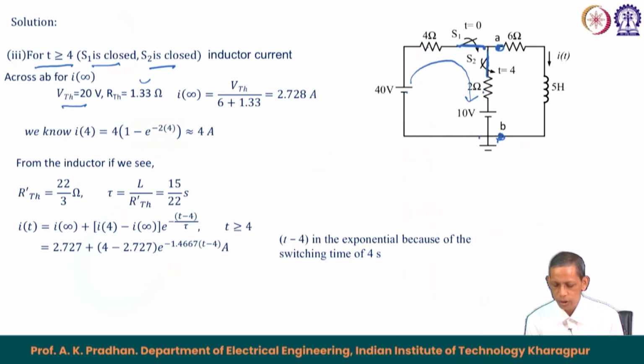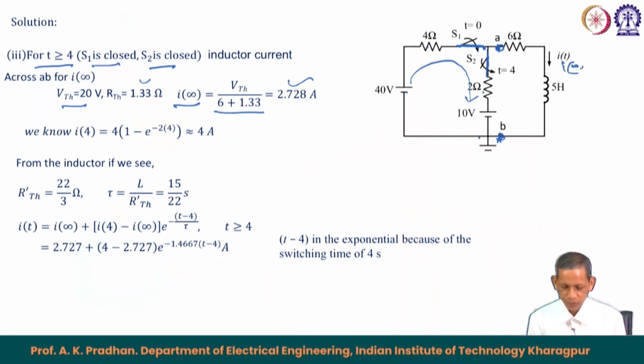You got the open circuit voltage VAB equals 20 volt, and RTH equals 1.33. So, I infinity will be VTH divided by 6 plus 1.33, and you get the current to be 2.728 ampere. That is the I infinity in the interval for t greater than 4 seconds.